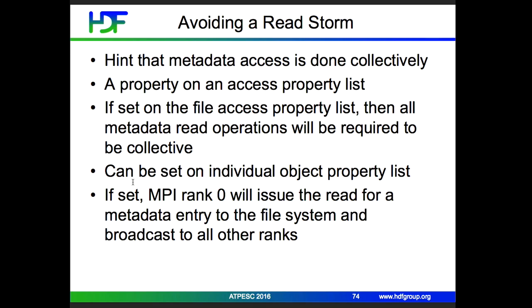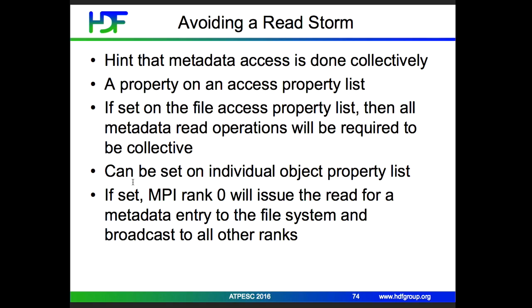To avoid that read storm, we introduced a property list. Again, we tried not to introduce yet another API. We introduced a property list that you can pass to a read call, for a metadata call such as reading an attribute.